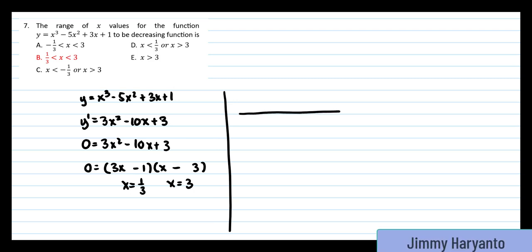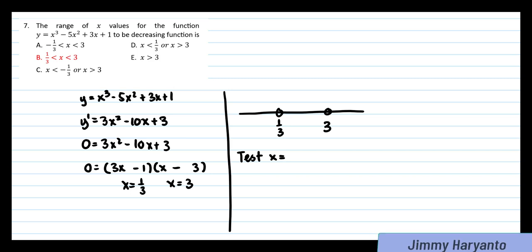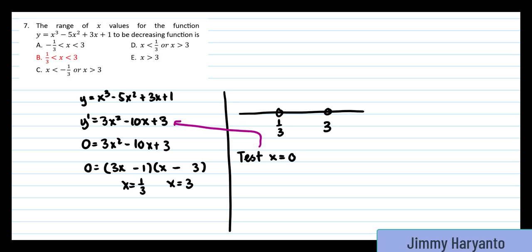The next step for increasing and decreasing is to create a number line. You'll have 1 over 3 for the first x, and the second one is 3, and then you have to test a random value of x. You can take 0 if you want, and put it into y prime. For x equals 0, y prime equals 3, which is positive.